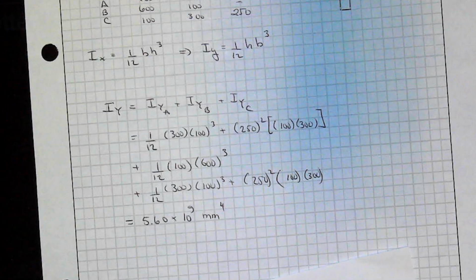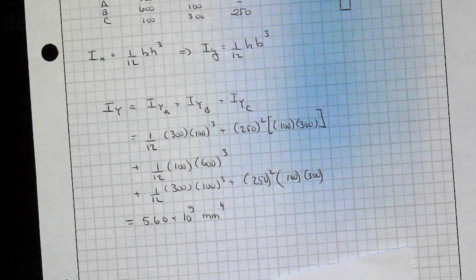It's that simple. Let's look at the A part. We had 1/12, this is going to be height, so height was 300. Base was 100. Everything's just flipped here because it's the y-axis, cubed. And that's computing this at the object's own centroid.